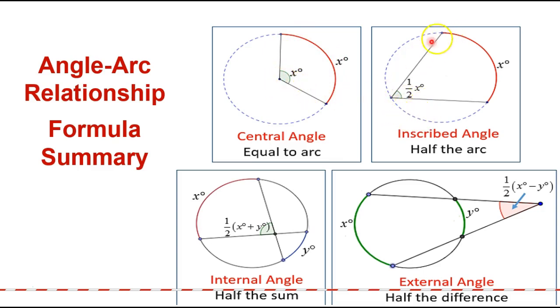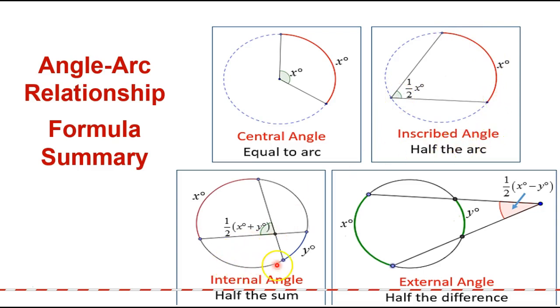And the inscribed angle is when the angle is formed on the circle. So the arc that connects the two endpoints is the arc subtended by it. The angle is 1/2 of the arc it intercepts.